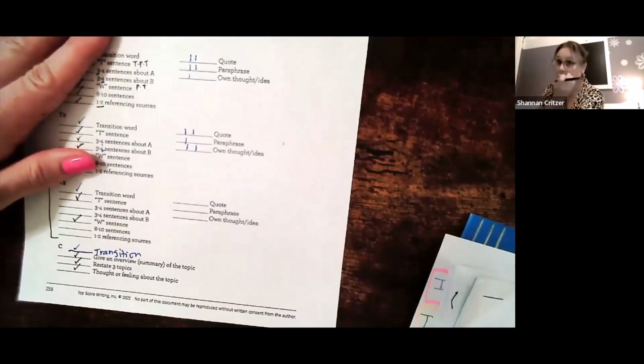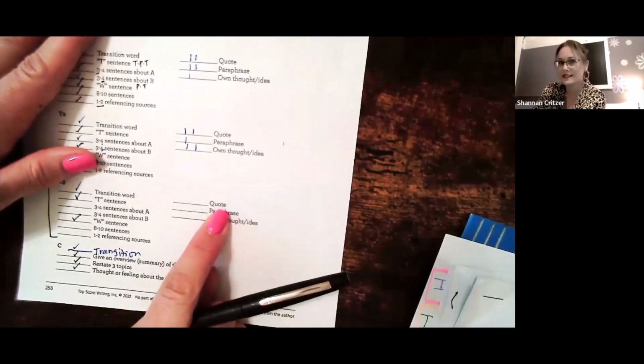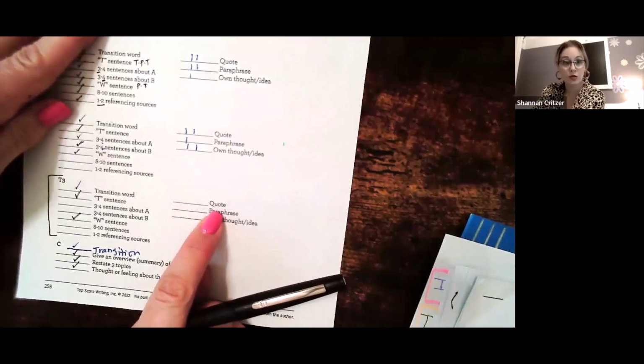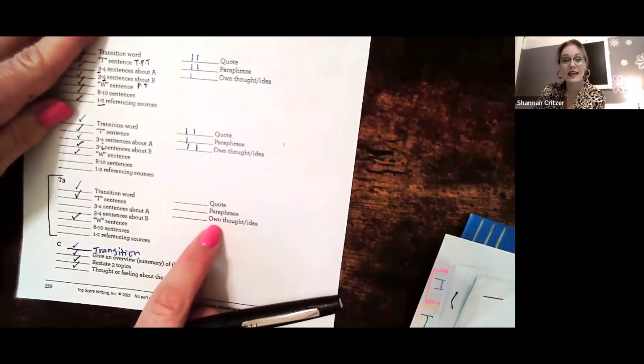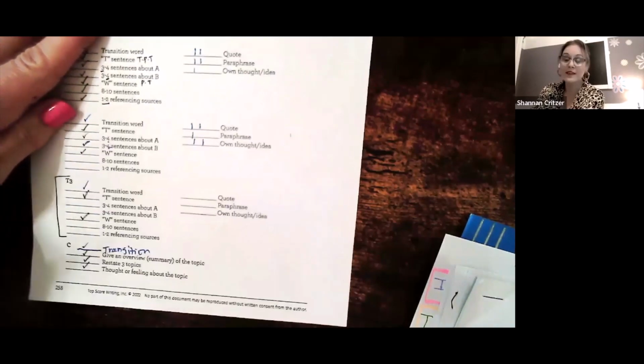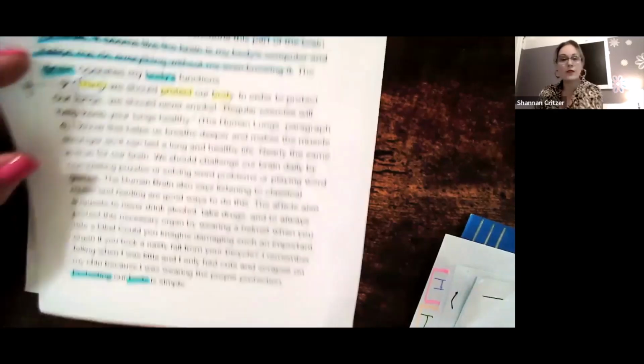And when you are looking at those 3 sentences, do you have a quote, a paraphrase, and own thoughts? You might even have more than just one quote or one paraphrase, okay? So I want you to look at that. I want you to highlight your text, and your teacher will tell you what to do after that.